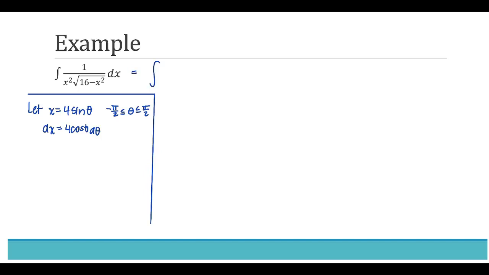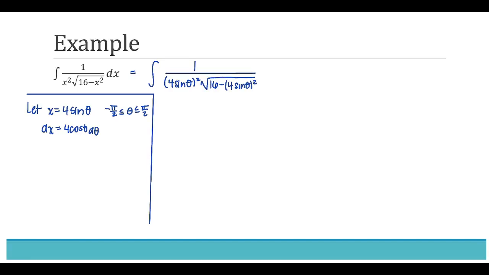So our integral is about to become 1 over, instead of x squared, 4 sine theta squared, then the square root of 16 minus the quantity 4 sine theta squared. And then dx is 4 cosine theta d theta. So we've replaced everything to be in terms of theta.